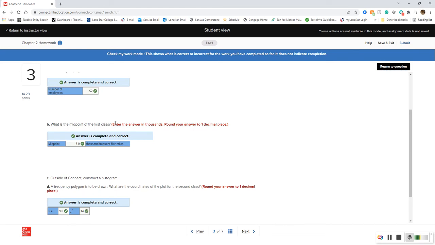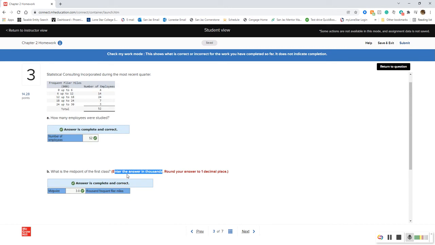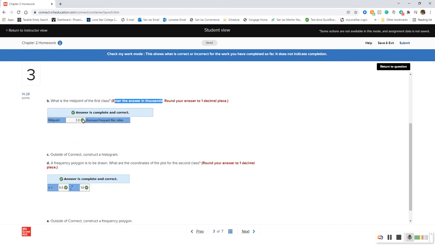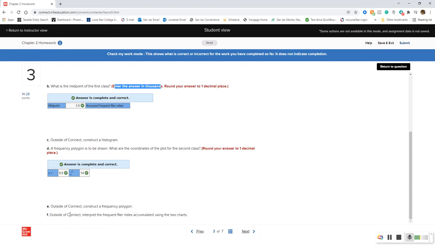So make sure, even though it says enter answer in thousands, just do it 3 or 9 or whatever it is. Apparently it does have the title right here, 1,000 frequent flyer miles. But that's a little bit of language issues that they have with this question.